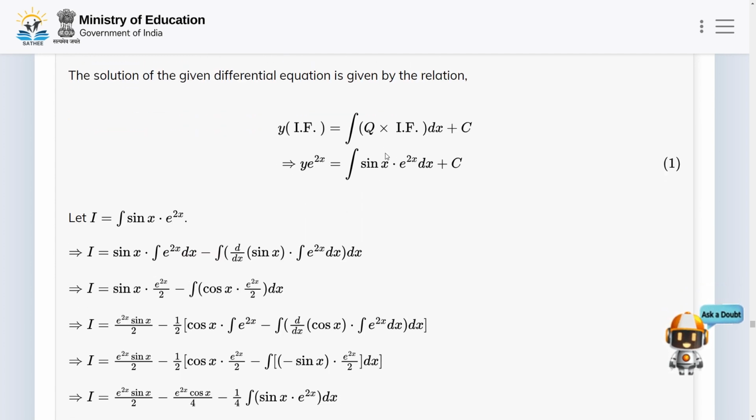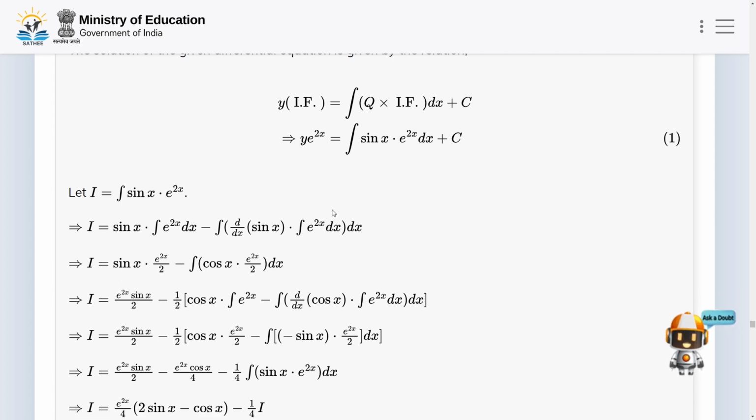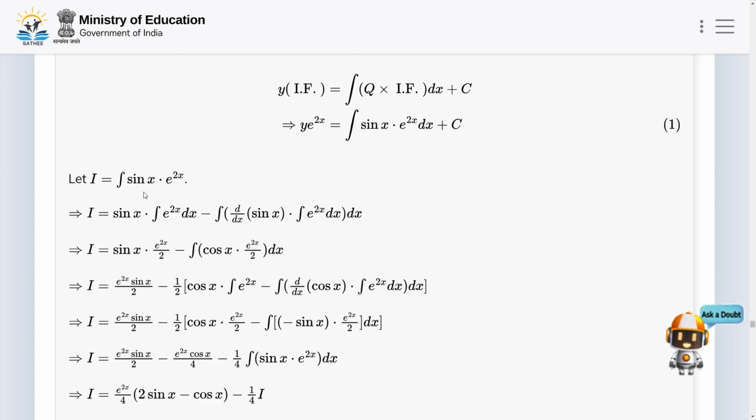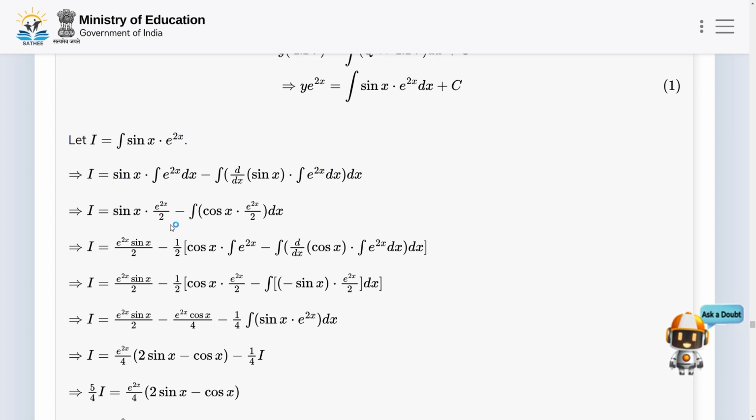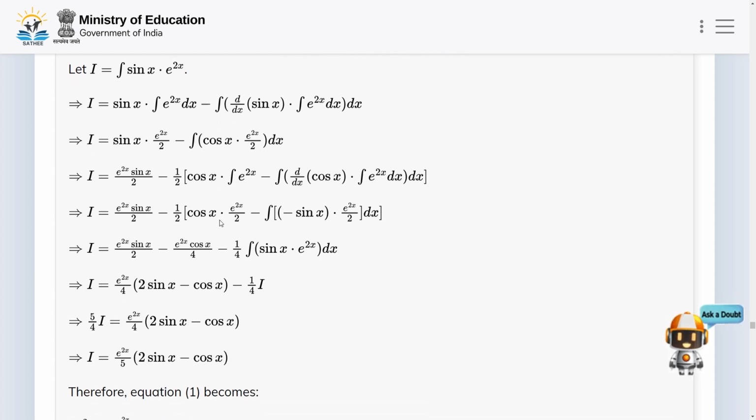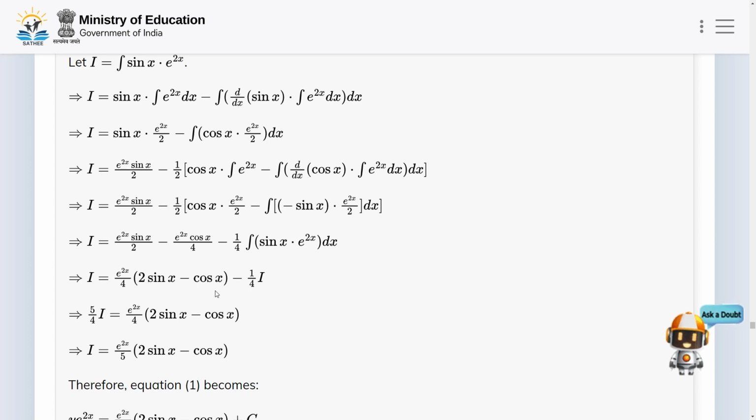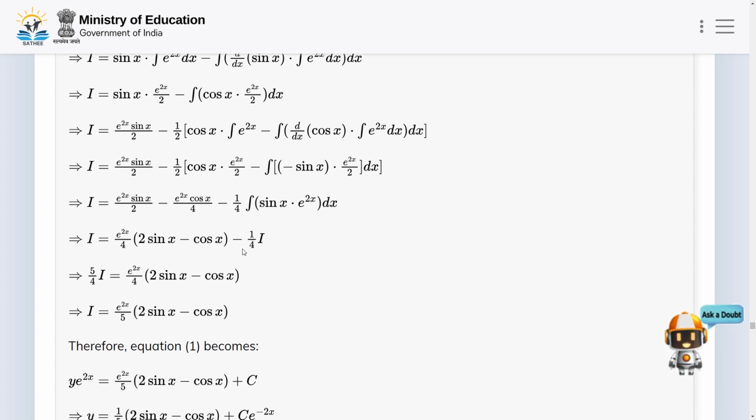Now here we will be using the by parts method. First function as sin x and second function as e power 2x. After using by parts, you will have this. Now again in this term we are going to use by parts. After using by parts again, you will have this as your form, which gives you I is equals to e power 2x divided by 4 (2 sin x minus cos x) minus 1 by 4 I. This means rearrange the I terms.